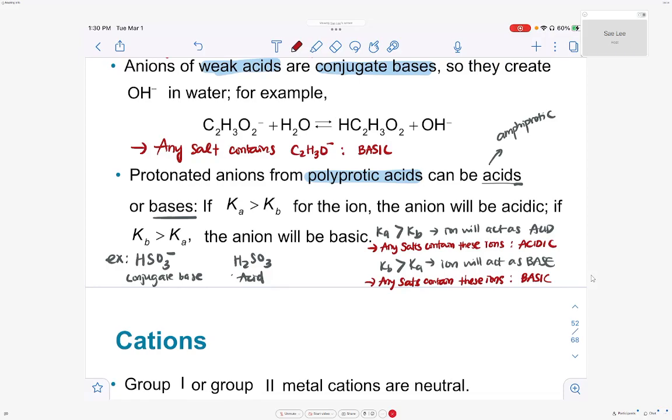Okay, so depending on the situation, hydrogen sulfide or a salt containing hydrogen sulfide can act as an acid or base. Okay.